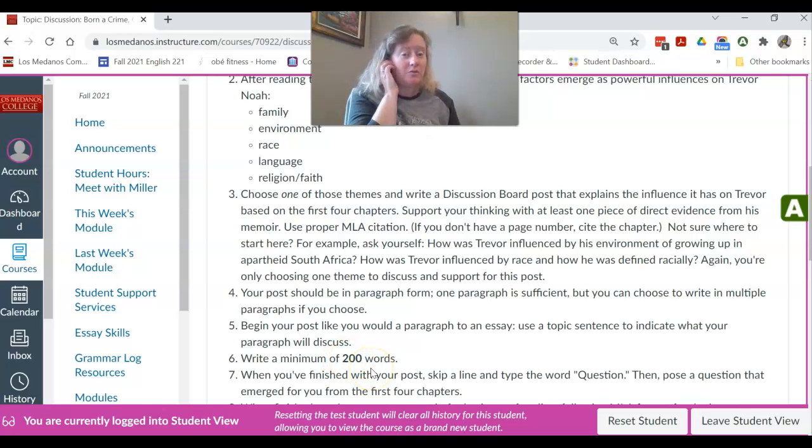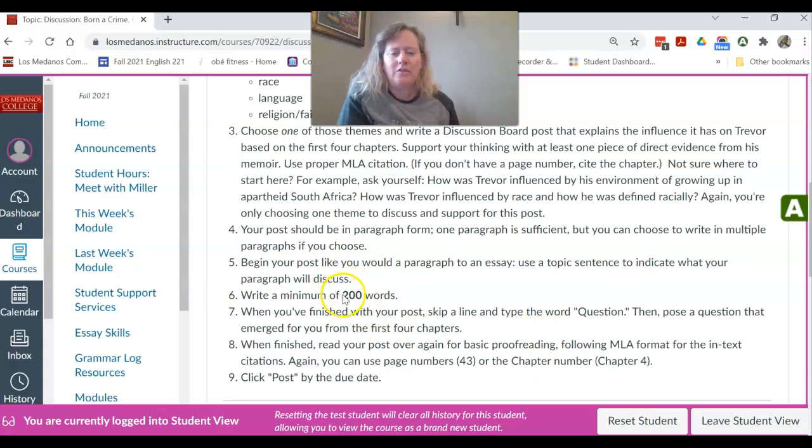So you need to make sure you include the word count here. And then after you have written your 200 words and you've used a piece of evidence, you're going to be asking a question, right? Something that came out of the first 4 chapters for you. And you're going to put that at the end of your discussion board post.